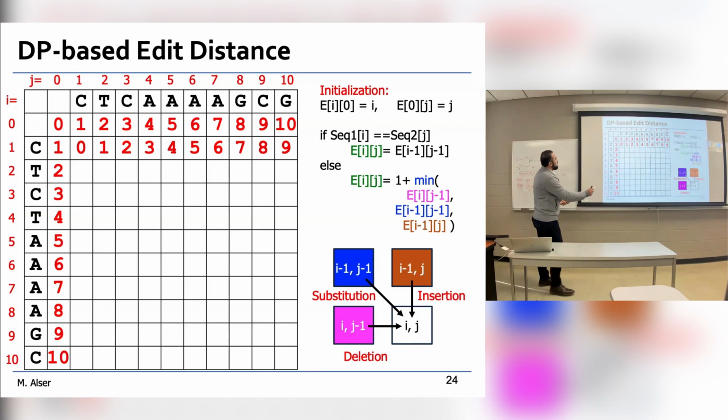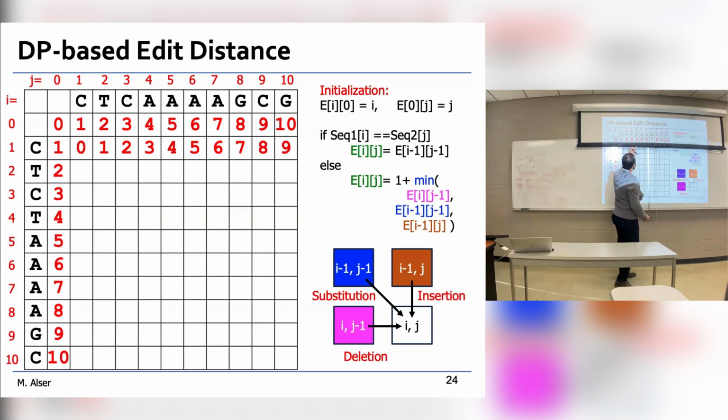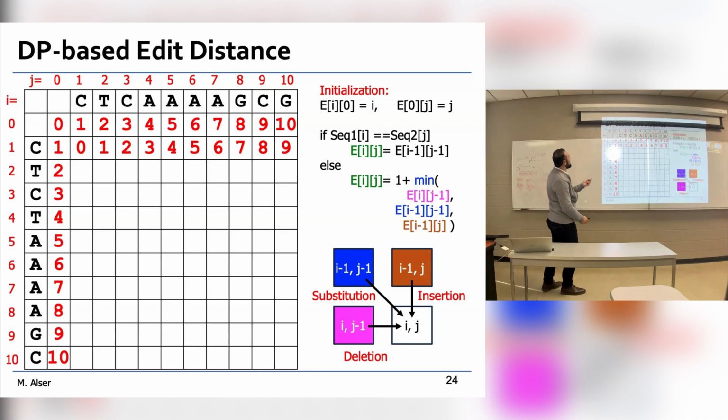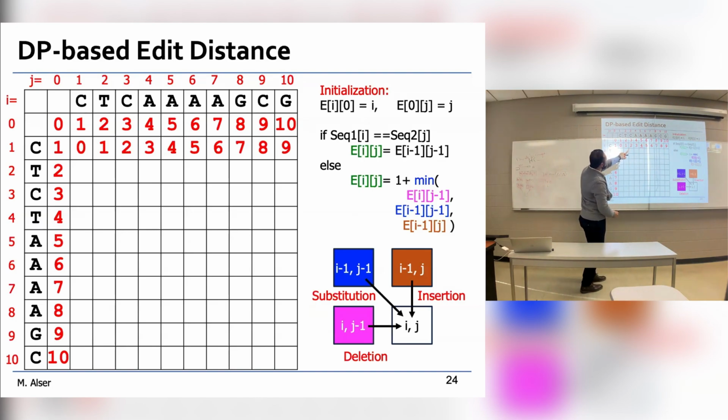Okay? Now let's take another value. For example, C and A, this one. It will be easier for us. All right. So assume we are comparing this and this. So C and A, they are not similar.